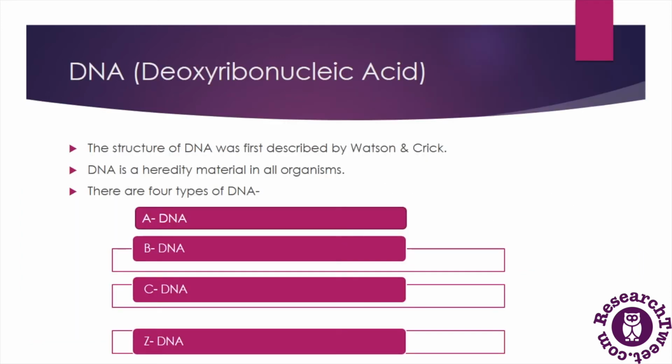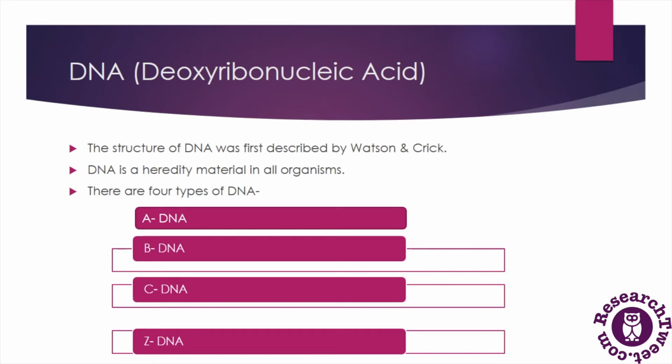Now, let's discuss the basic structure and functions of DNA. The structure of DNA was first described by Watson and Crick in 1953, and they were awarded the Nobel Prize for this. DNA is a double-stranded molecule and has a helical structure. It functions as hereditary material in all organisms and is found in the nucleus of the cell.